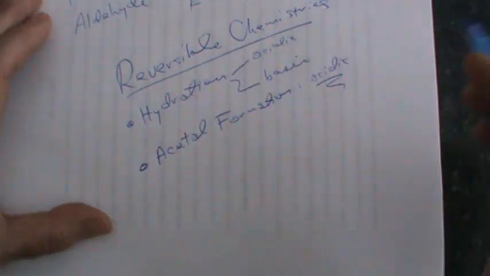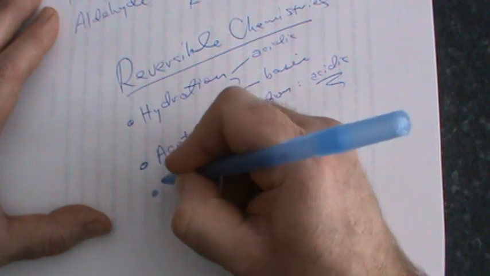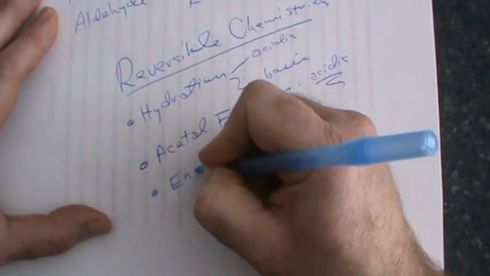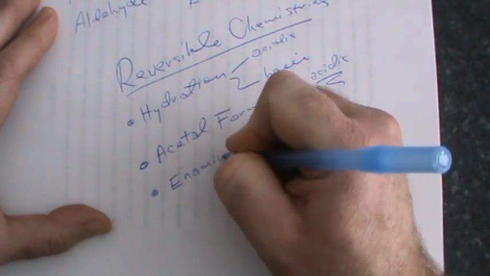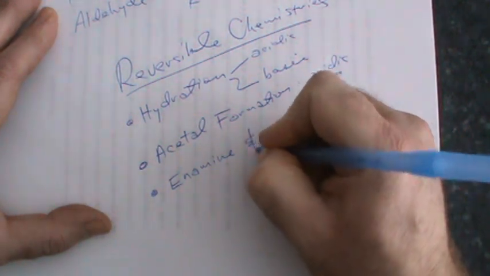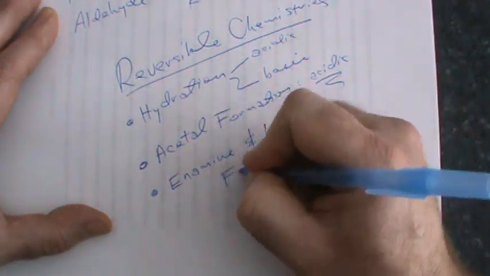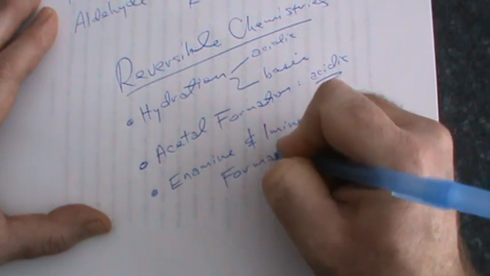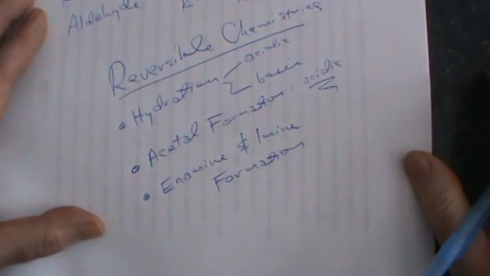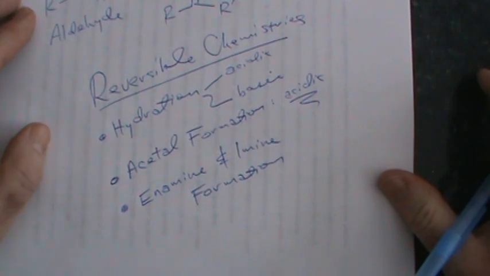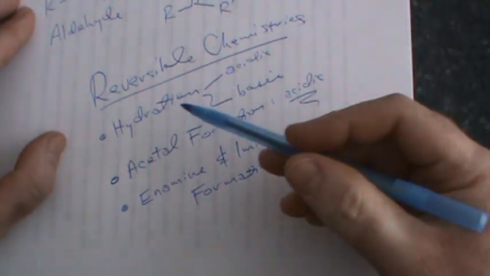And although we won't get to it today, coming up soon will be both enamine and imine formation. So these are our key reversible reactions involving aldehydes and ketones.